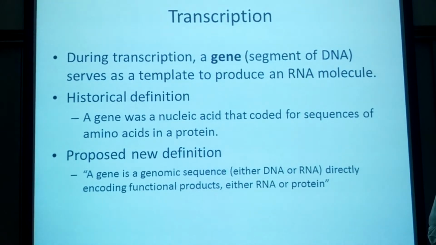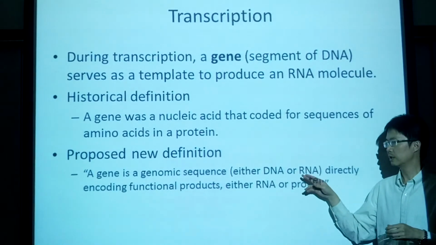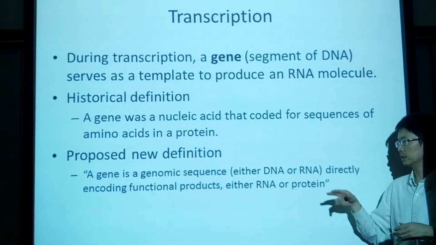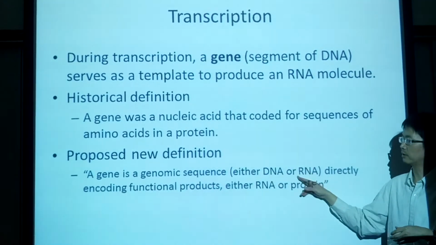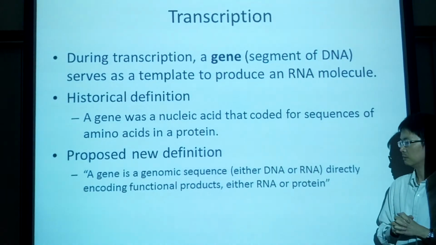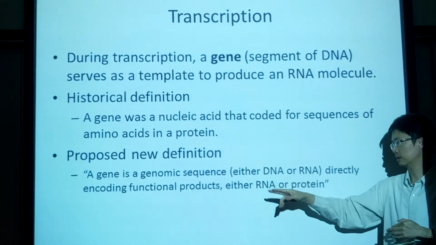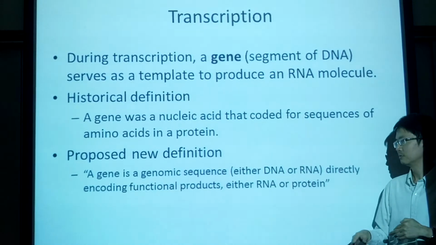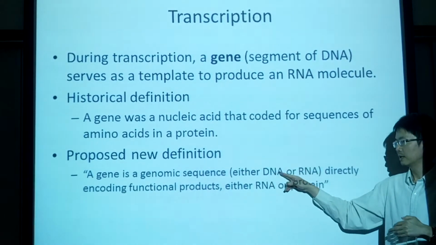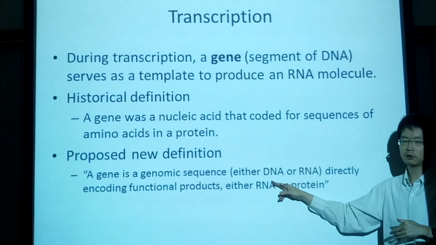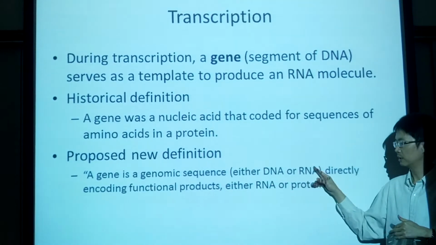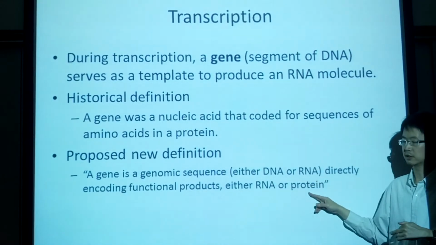The proposed definition is basically the difference is that a gene can be either on the DNA or RNA, it doesn't matter. A functional product, meaning that the DNA has the sequence that can code for the messenger RNA, and the messenger RNA can code for a protein.